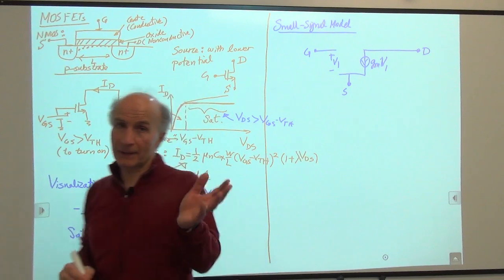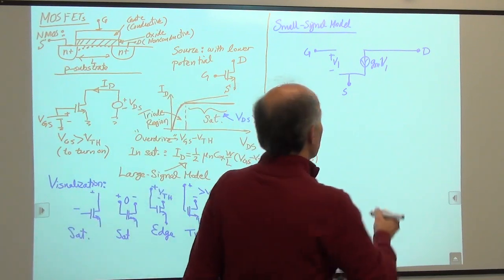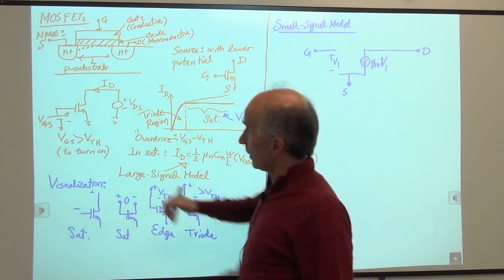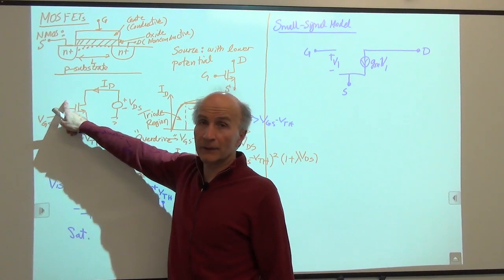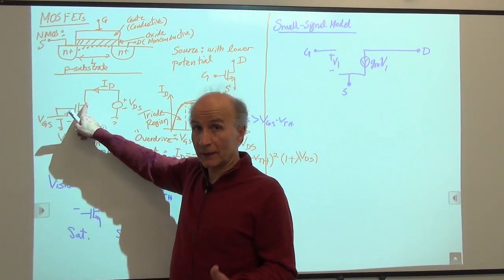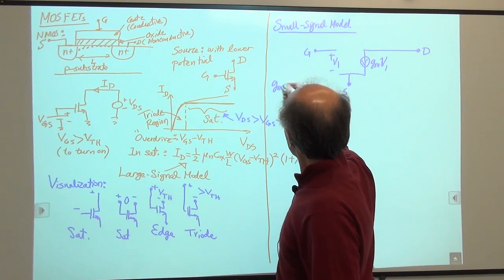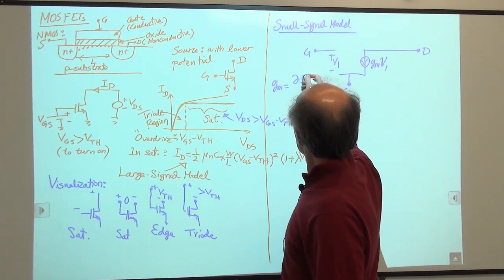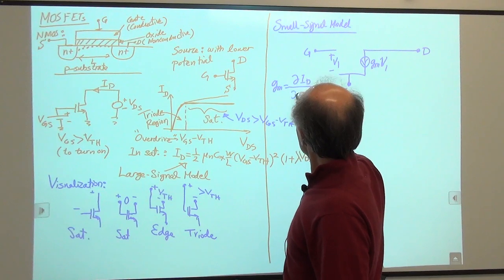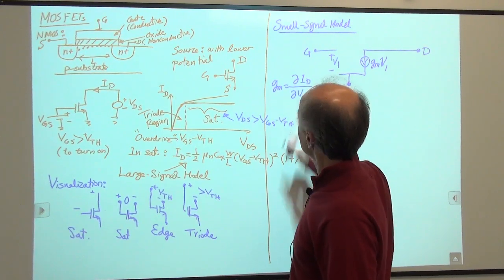GM has the same definition as before. GM indicates how strong this device is. If I change this by delta V, how much current change do I get in the drain? So GM is defined as the change in ID with respect to change in VGS.